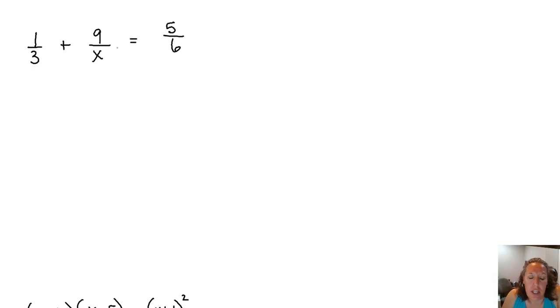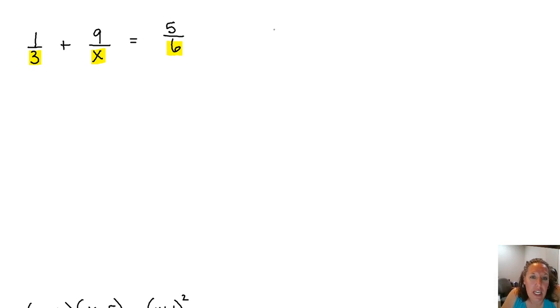But, just like we've seen in previous videos, when we have fractions within an equation, we can get rid of those fractions by multiplying each term by the LCD. In this case, we have a 3, an x, and a 6 in the denominator.